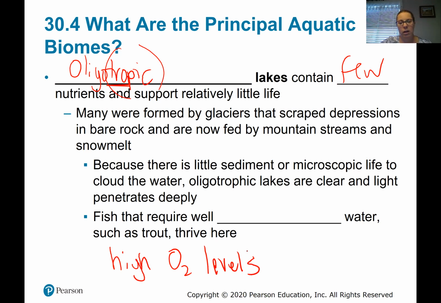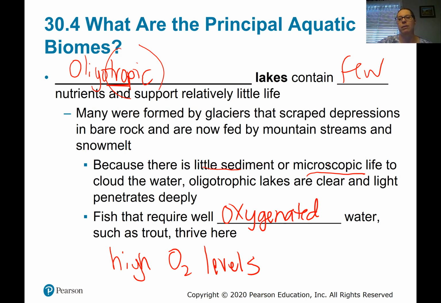And so here is a great place for fish that require well oxygenated water like trout. Since there's little sediment or little microbial life there, oligotrophic lakes are clear. You can maybe see the bottom at 20 feet or something like that. You can see all the way down, and light penetrates really, really well.